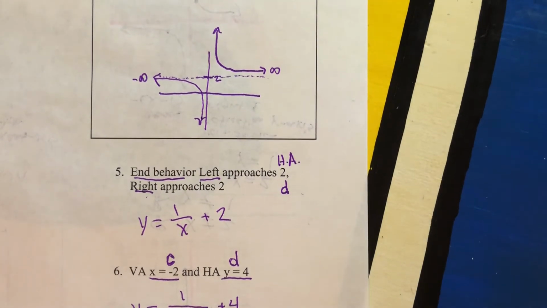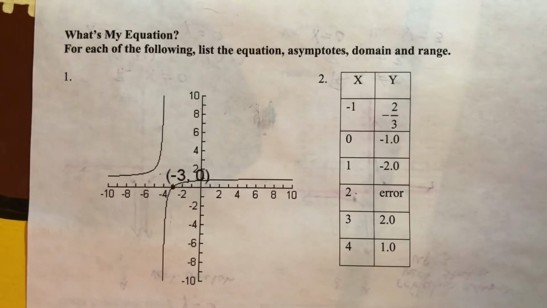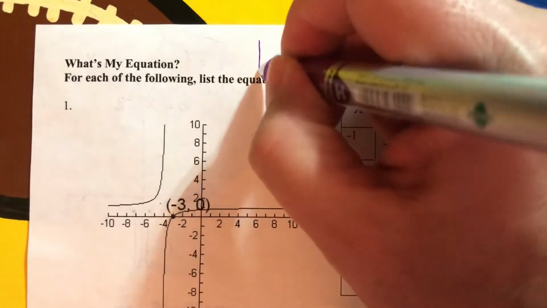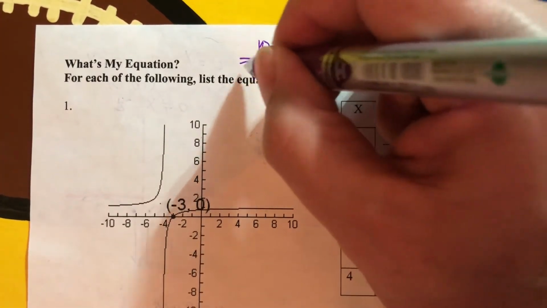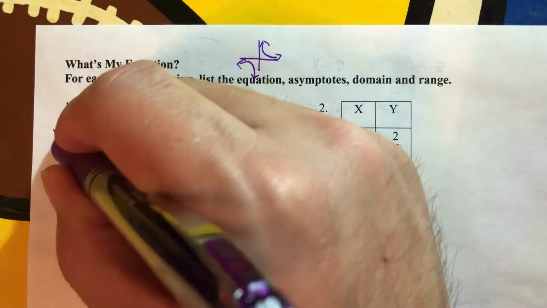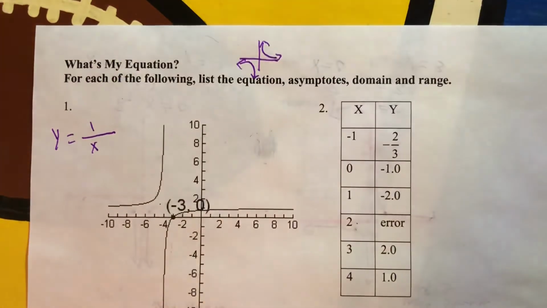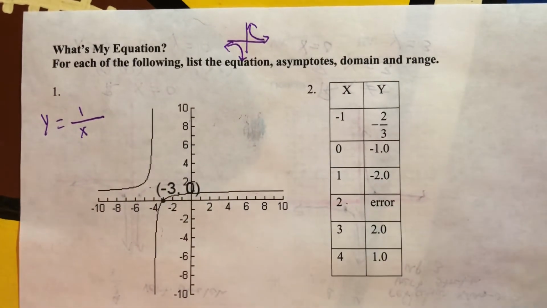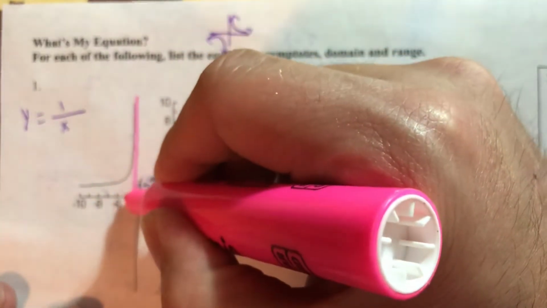All right, so now if we're given a graph, like number 1, we know that the parent function of a graph, I'll draw it right here, looks like this. Okay, so when we're writing our equation, I'm obviously going to start with my parent function, and then I'm going to fill in what's needed. Okay, the very first thing I'm going to do is I'm going to figure out what my VA and HA are.